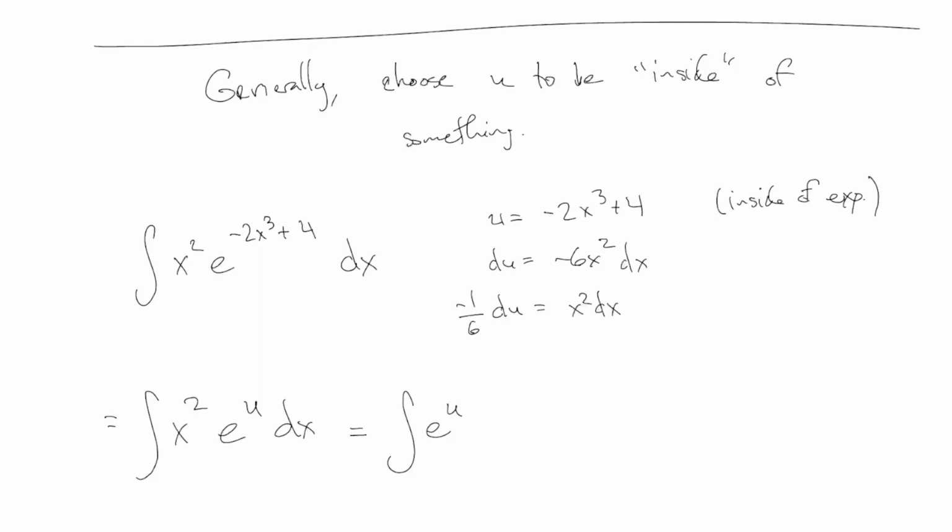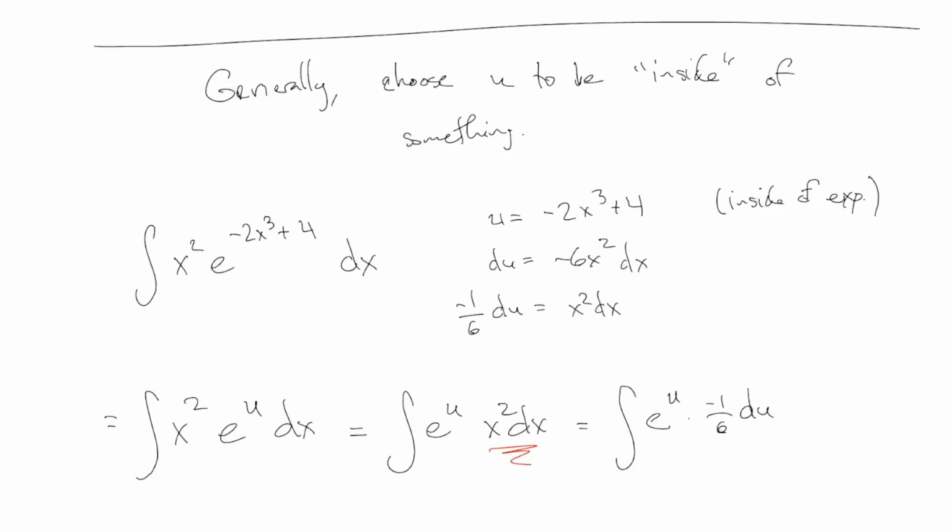Just put the stuff with the u's first. e to the u times x squared dx. And now you look above. What do I do with x squared dx? If you've done it correctly, x squared dx should be here, and it equals something in terms of du. And so this x squared dx, I replace with negative 1/6 du. So this is e to the u, and then minus 1/6 du.